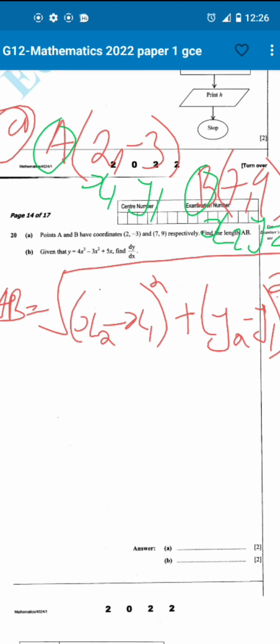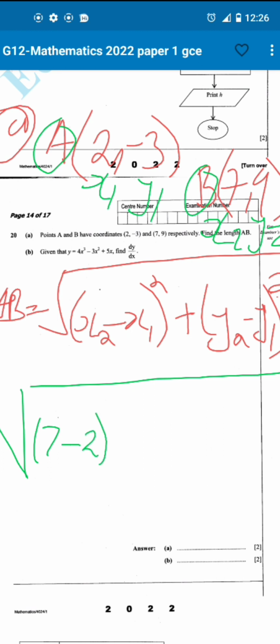So we write the root of, our x2 is 7, minus our x1, which is 2, then we square, plus our y2, which is 9, minus our y1.